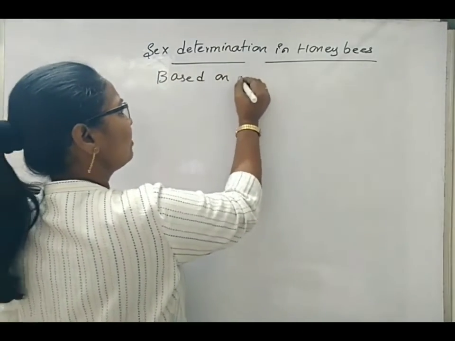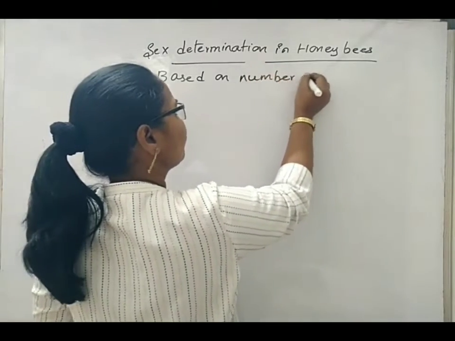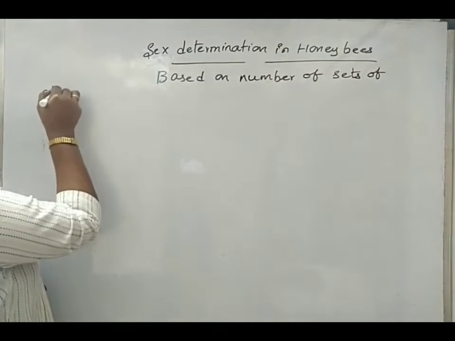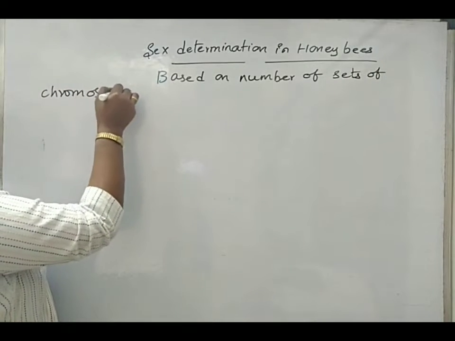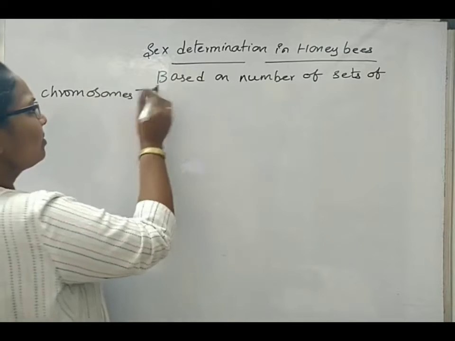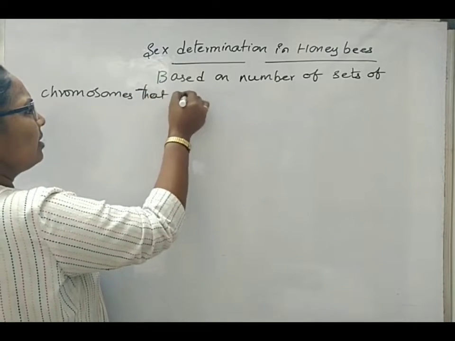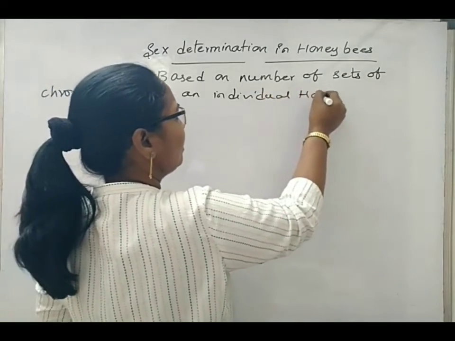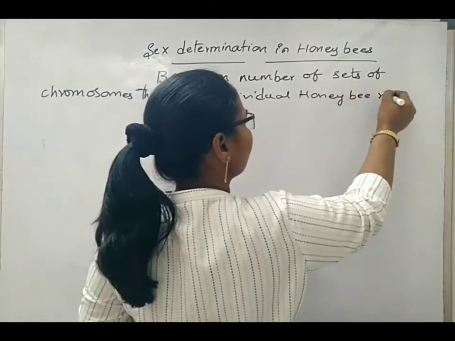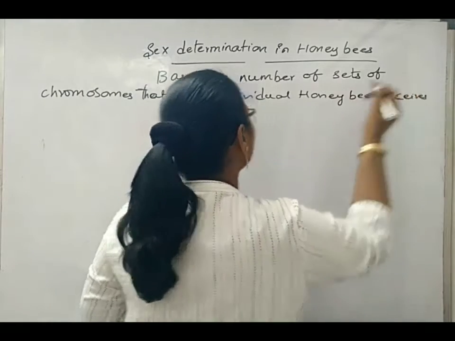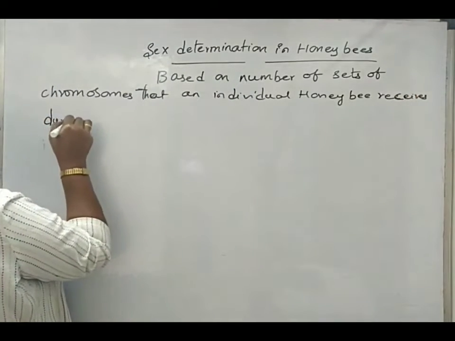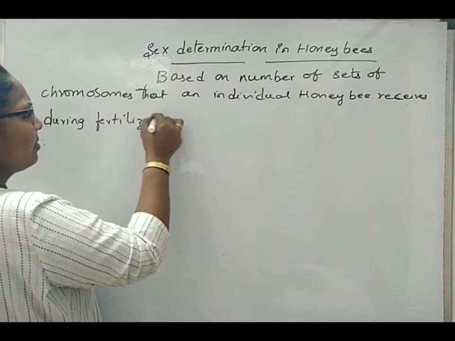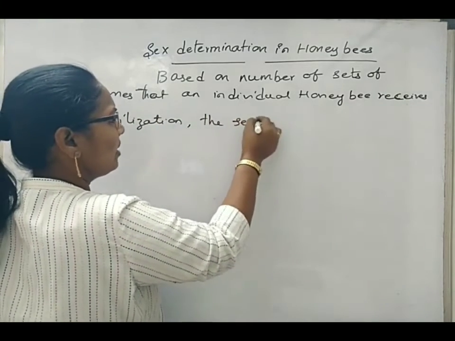Based on the number of sets of chromosomes that an individual honeybee receives during fertilization, the sex of the honeybee is decided.